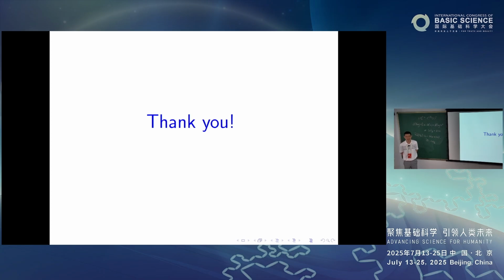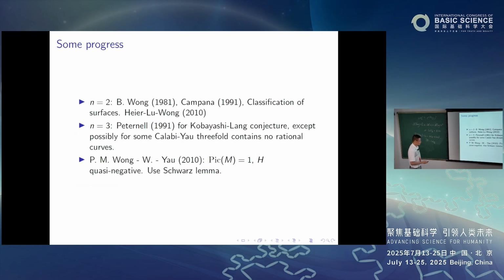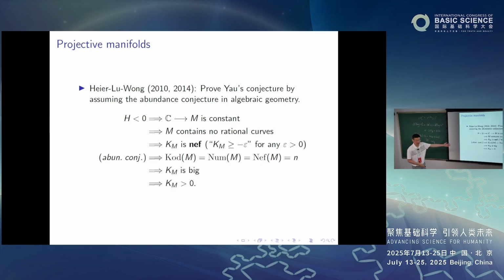Question: can you go to the slide where the abundance conjecture was assumed? Yes, sure. In general, nef and big for the canonical bundle implies semi-ample, right? But here you get ample. Because in the projective case, there's no rational curve. Rational curves would be the obstruction to ampleness, and because of the curvature condition you don't have rational curves.